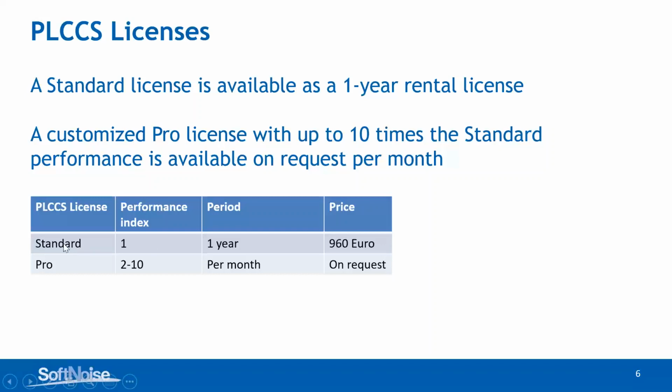So those are the two options: a standard license at €960 per year, and a customized license. We call that a Pro license. You can choose between 2 and 10 times, and then we'll give you an offer. It's on request, because we think that this one will not be needed that much. Only when you are in stress and you need to finish your project, then you are in need of a bigger performance.